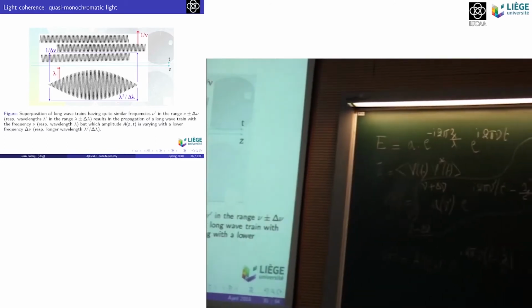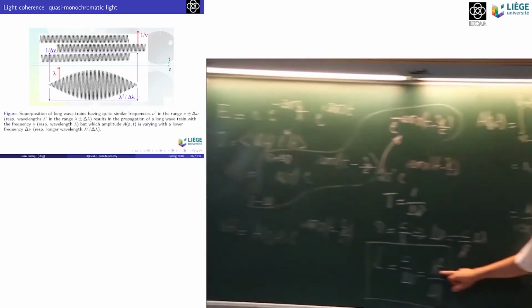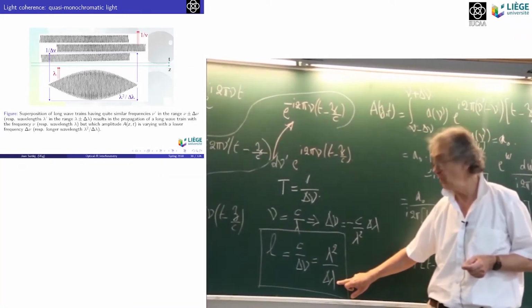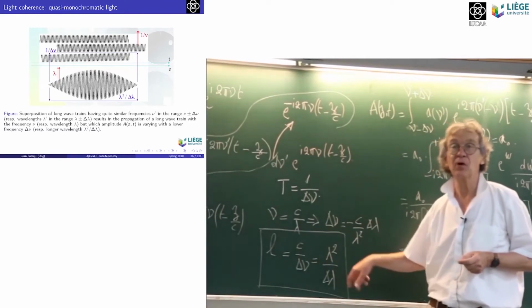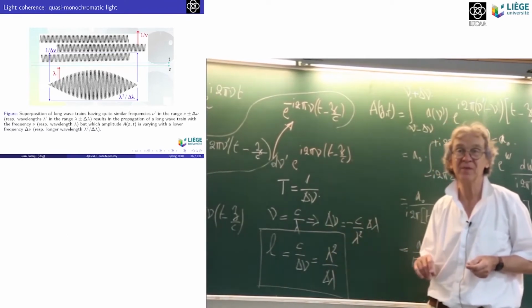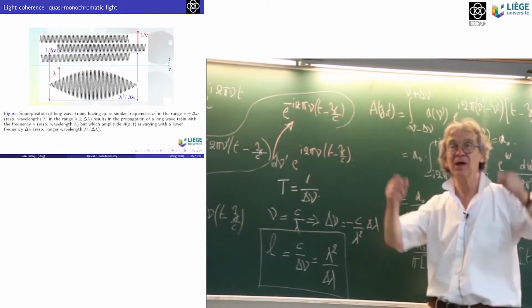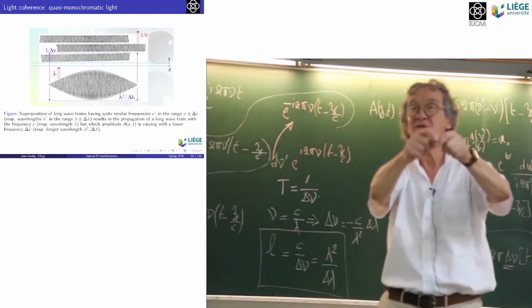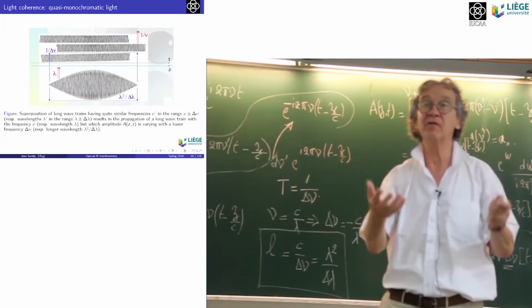Now, if you take, as Michelson did, a wavelength of 5,000 angstrom and a bandwidth of about 1,000 angstrom, you find that this is of the order of 1.5 microns. And this was the accuracy with which they had to establish the difference in length of the two beams coming into their interferometer.